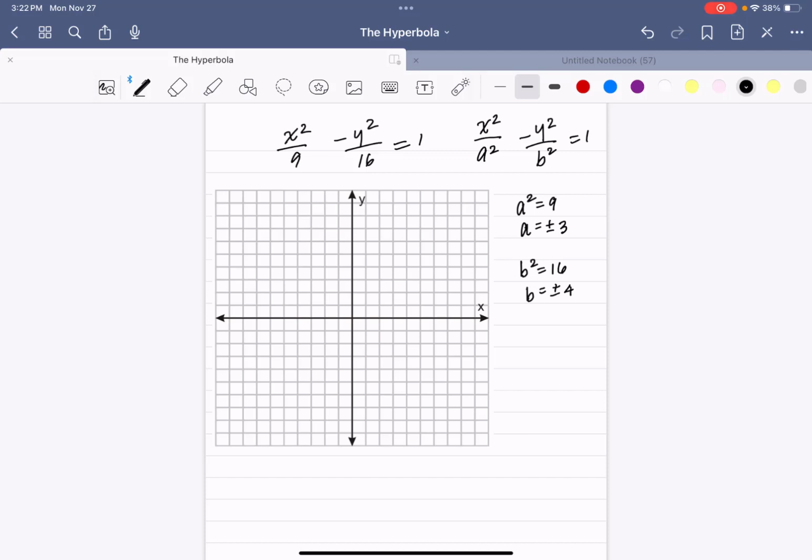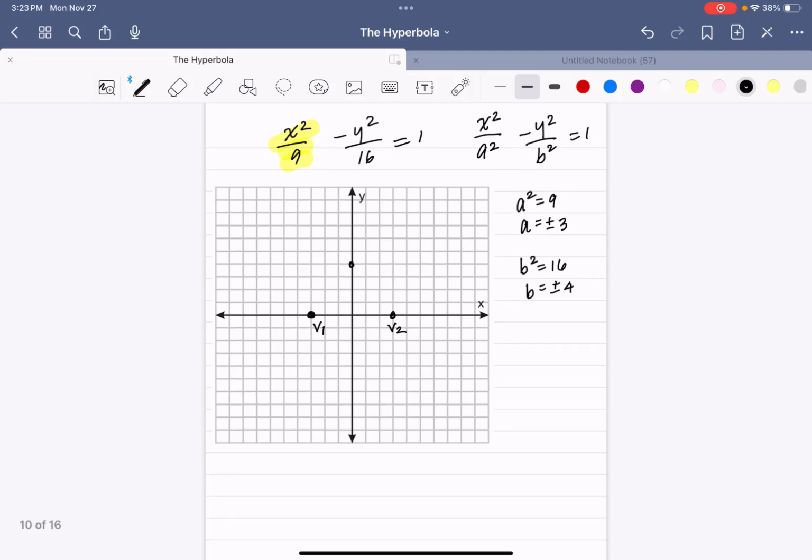So since the x squared is the positive one, I go to 3 and negative 3, and I label those as vertex 1 and 2. And then my guide points are going to be on the y-axis at 4 and negative 4.